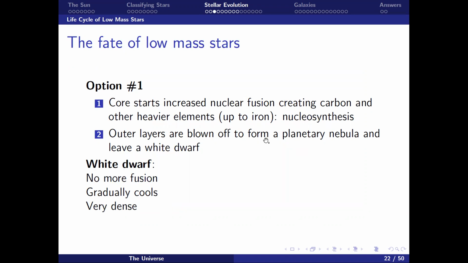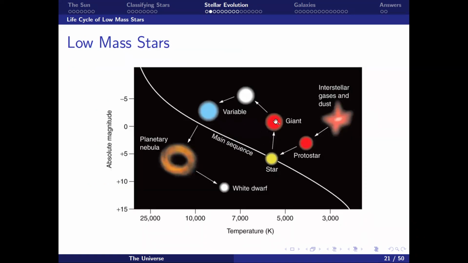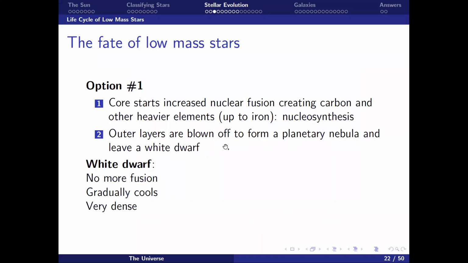So what happens to that red giant? Two possible options. One is that in the core of the star, it eventually uses up all of the hydrogen in helium. So the fusion process changes.